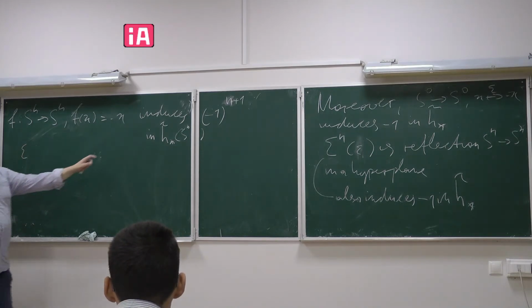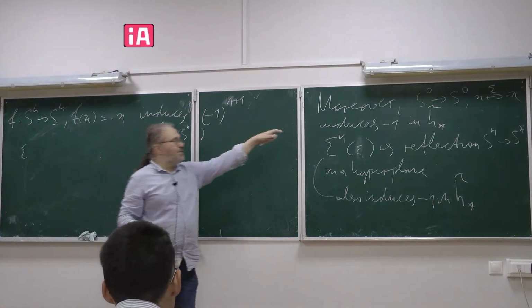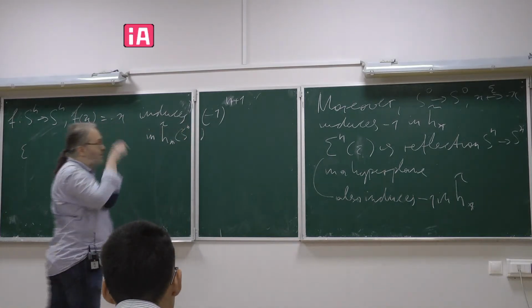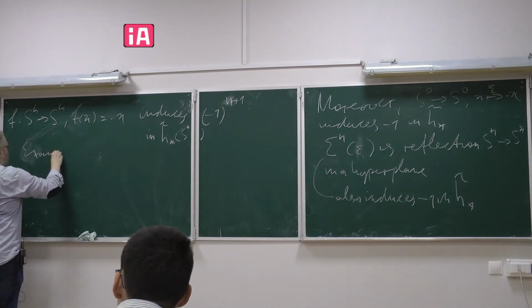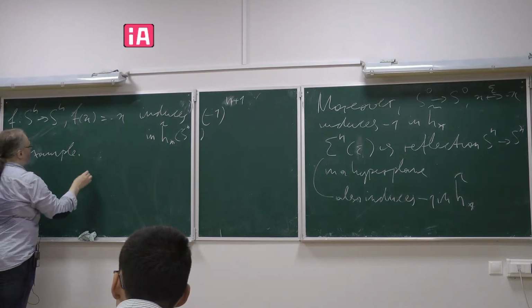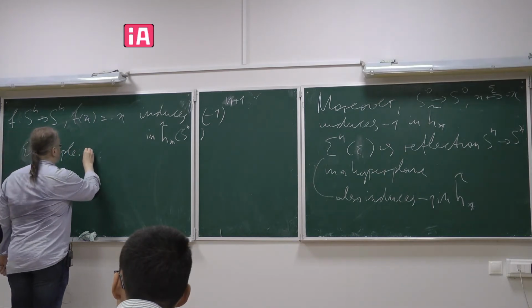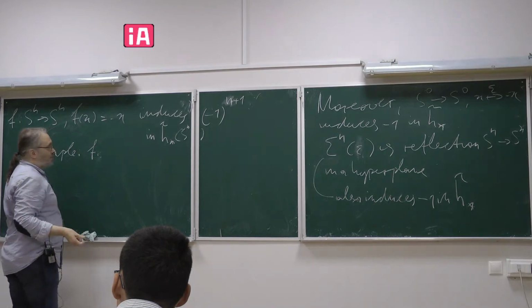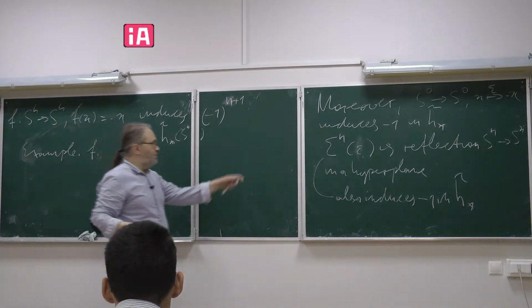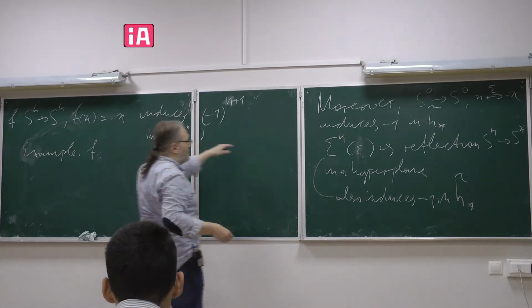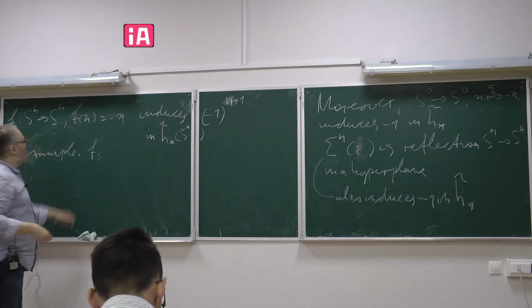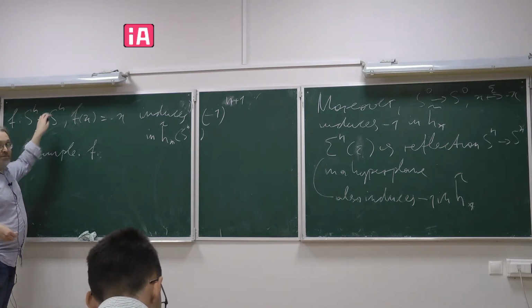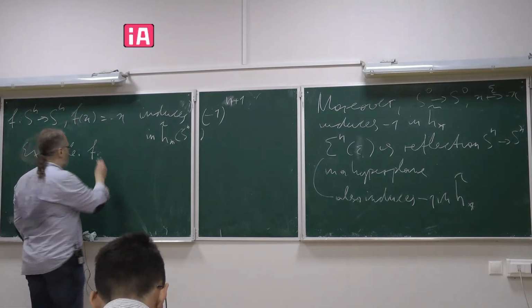So we have calculated the induced homology map for the reflection in a hyperplane, and also for the antipodal map of the sphere.